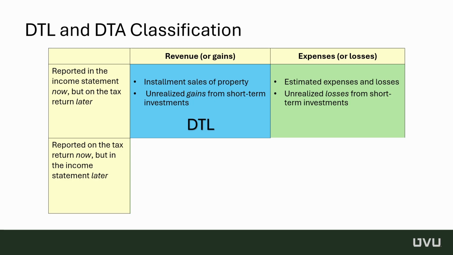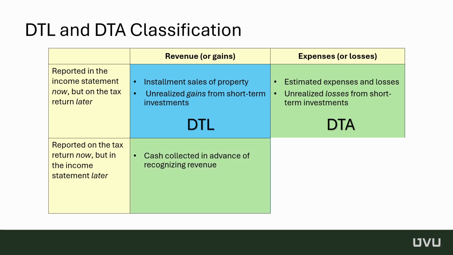So bad debt expense, along with many other types of estimated expenses, reflect deductions that we cannot take today, but they will show up on a future tax return. Thus, they give rise to deferred tax assets. Let's keep going now and consider deferred revenue, which reflects cash collected in advance of satisfying performance obligations.